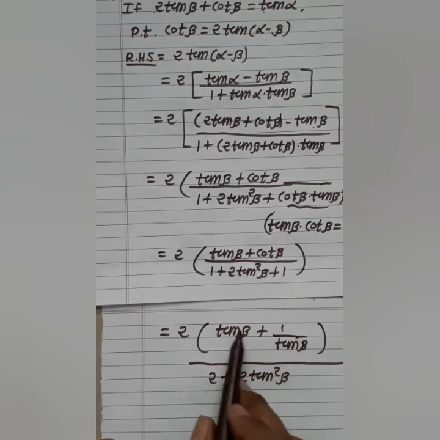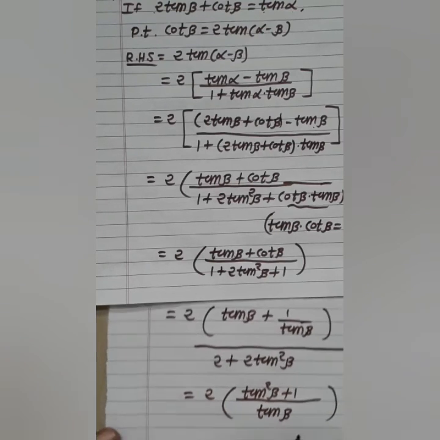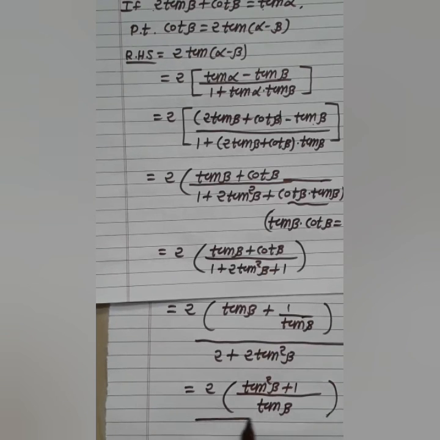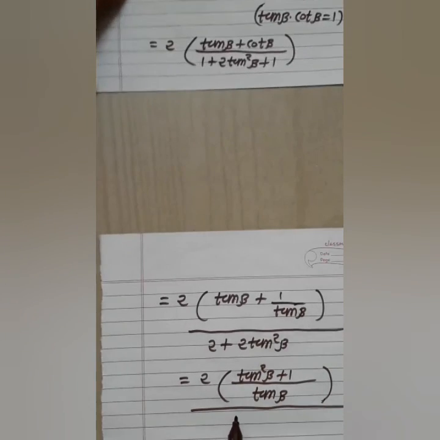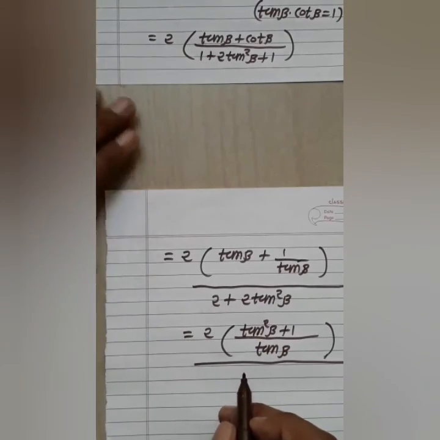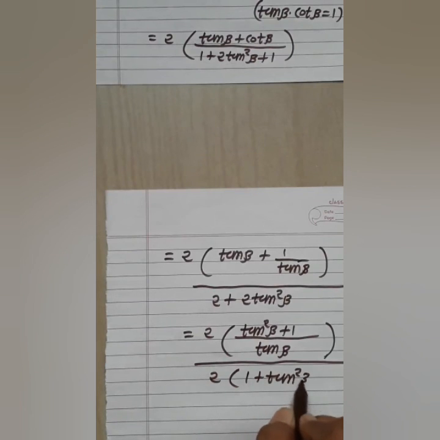Now in the numerator term tan beta is the LCM, so 2 into bracket tan beta, here we can write tan beta into tan beta, that means tan square beta plus 1, upon, in the denominator term 2 we can take common, so 1 plus tan square beta.